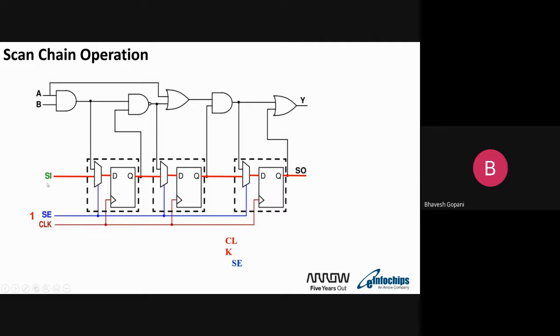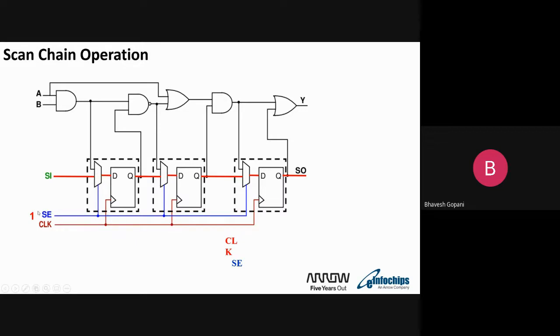Whatever data is placed into the SI pin is shifted into the flop. This is a D flop register, and the data moves towards the SO. Each and every clock cycle the data is shifted out. Let's say I need 3 clock cycles in order to shift out the data.